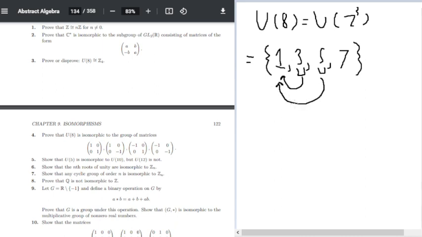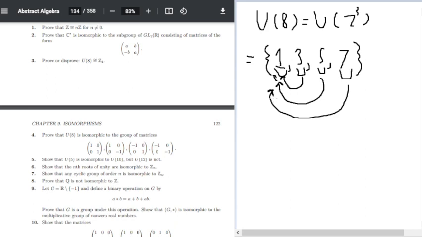We can show that U8 is not isomorphic to Z sub 4. Because in Z sub 4, we're going to have 1 sent to 1, 3 squared sent to 1, and 5 squared sent to 1. And also, if I remember correctly, 7 squared sent to 1.